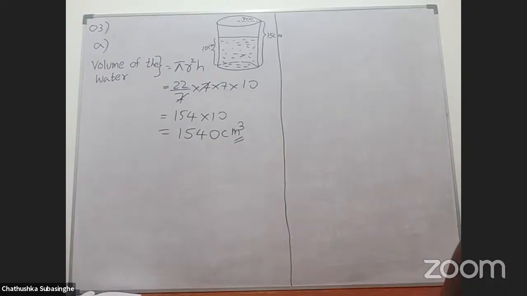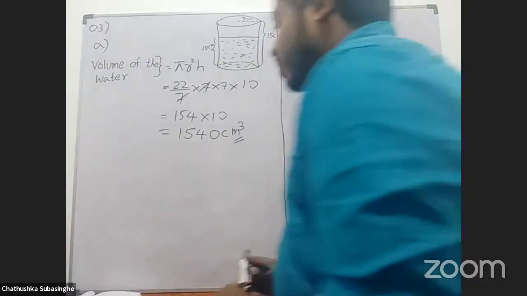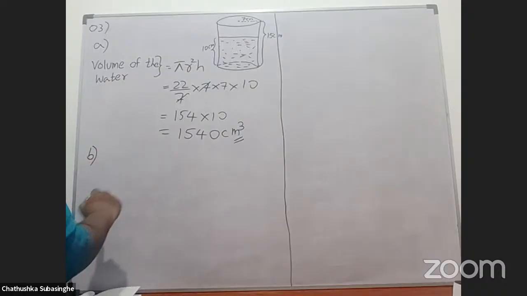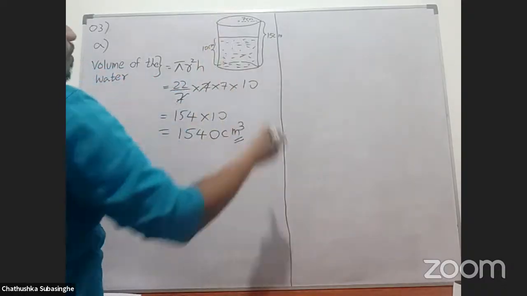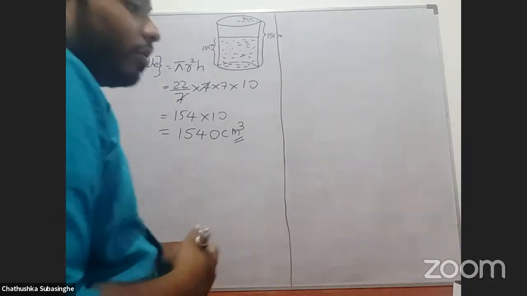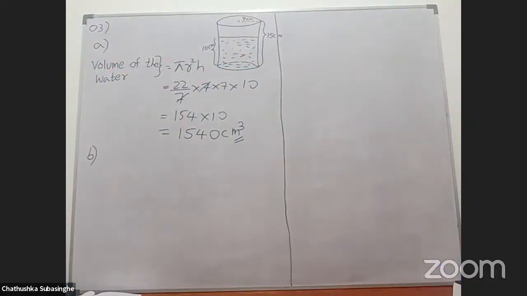Then question number B. When 18 small solid metal spheres of radius a centimeters are put into a vessel, its water level goes up by h. So for that, I'm going to draw a different line. Now let's use the same thing. So now they are going to put 18 small spheres, right?